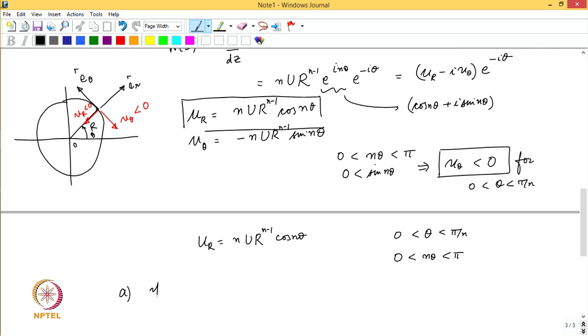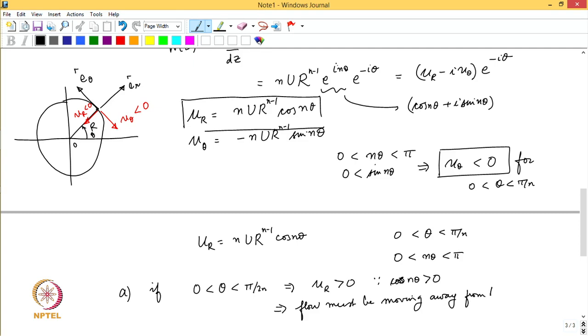So, we can say if theta is between 0 and pi by 2 n, then u r would be positive because cosine of n theta is positive, which means that since u r is positive, the flow must be moving away from the origin, or it should be pointing away from the origin.